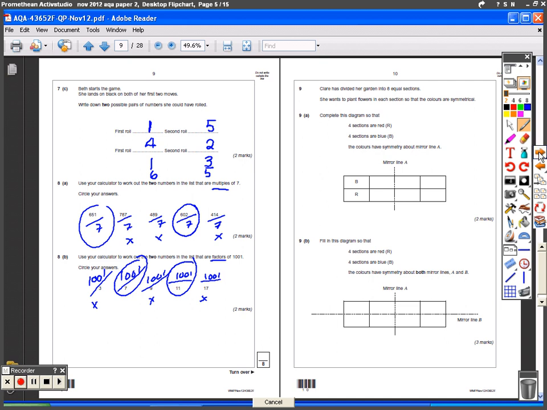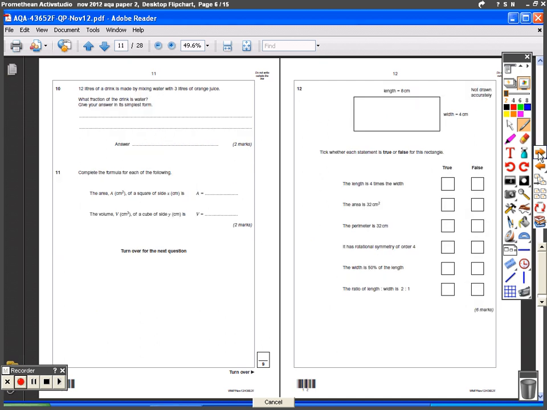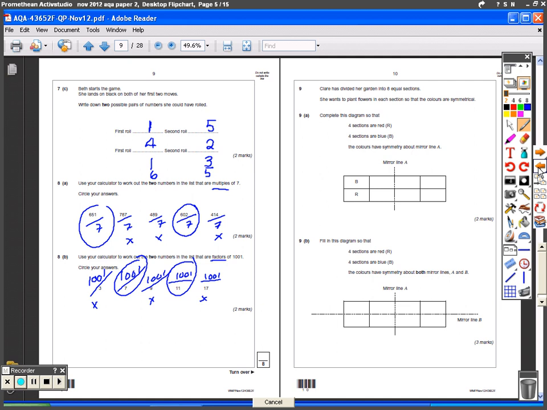Okay, question 9. It says, Claire has divided a garden into 8 equal sections. She wants to plant flowers in each section so that the colours are symmetrical. Complete this diagram so that there are 4 sections that are red and 4 sections that are blue. The colours have symmetry about the mirror line.